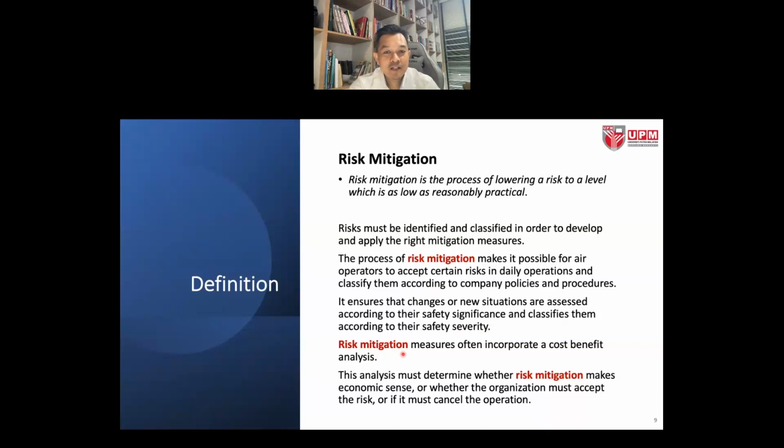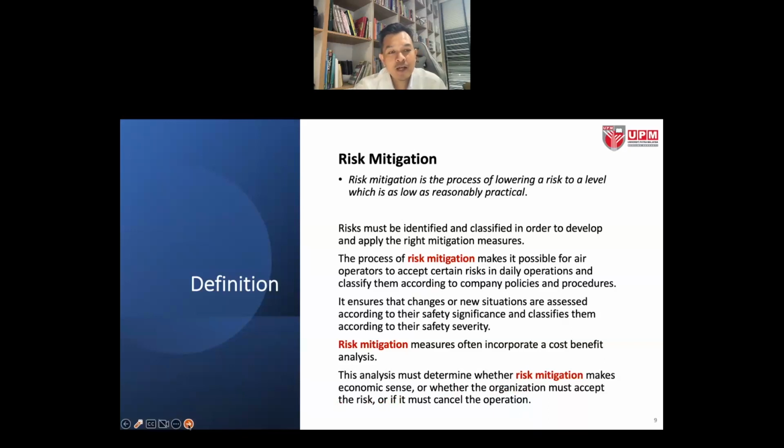Okay, risk mitigation measures often incorporate a cost benefit analysis. So once you do a risk mitigation exercise, you also will be involved with the cost benefit analysis. So this analysis must determine whether risk mitigation makes economic sense or whether the organization must accept the risk or if it must cancel the operation.